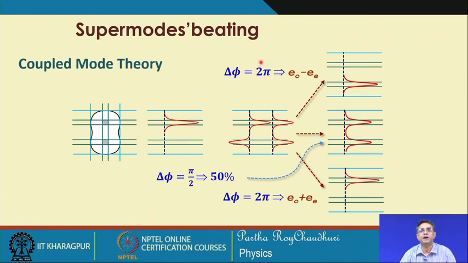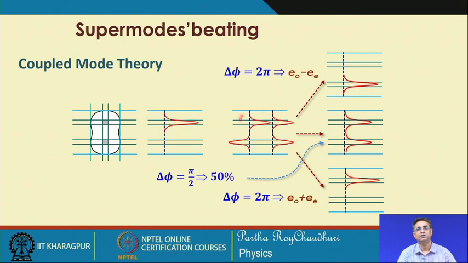If the phase difference is pi, then they will be subtracted and as a result the light will be confined only into this waveguide. Somewhere in between phase difference 0 and pi, the phase difference will correspond to pi by 2, and then the light will be split 50% into both the lobes, identical lobes existing in both the waveguides, provided the two fibers are identical. So, this is how the splitting of the light takes place in the light of the coupled mode theory.